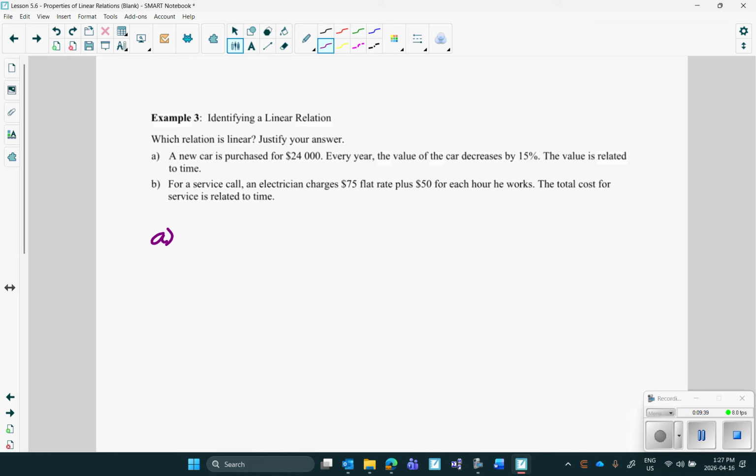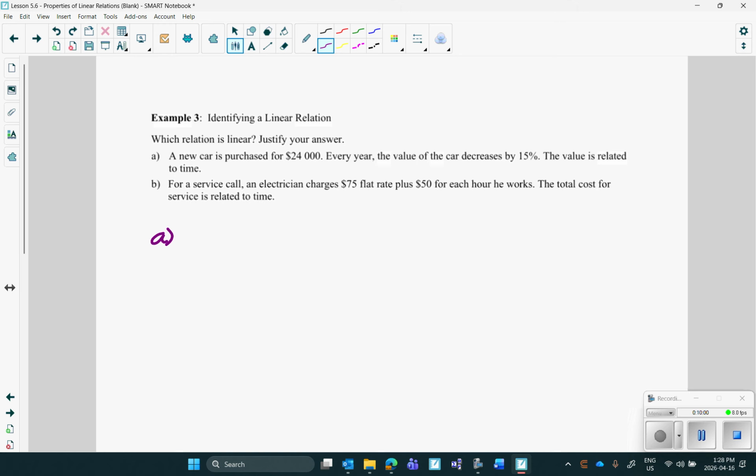So a new car is purchased for 24 grand. Every year, the value of the car decreases by 15%. That's something called depreciation. That's what happens to all vehicles. They go down in value. I want to know if that's a linear relationship.